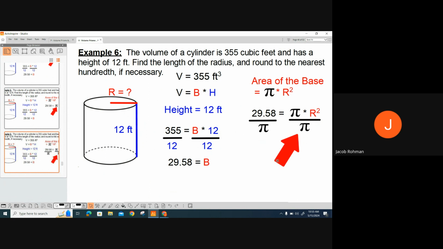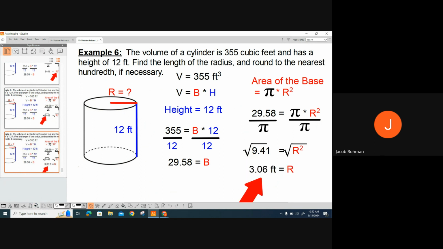And when I divide by pi over here, I'm going to get 9.41. And then I'm left with r squared on the right side. Then to solve this for r, I'm going to square root both sides. And then taking the square root of 9.41, I'm going to get 3.06 feet for the radius.